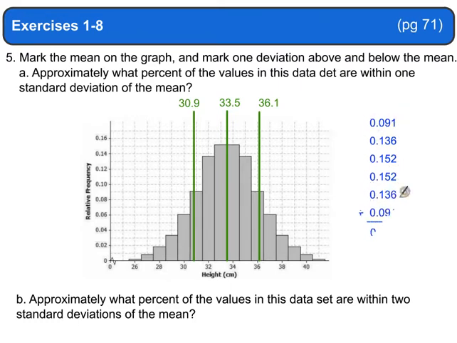And so what these numbers are, we'll talk about this, is the sum of the different heights. So if we looked right here, we'd have this one right here, which would be the 0.091. We would have this one right here, which is the 0.136. You got this one right here, which is 0.152.